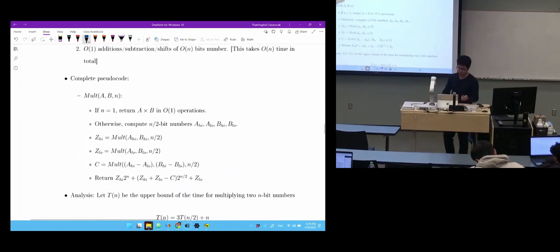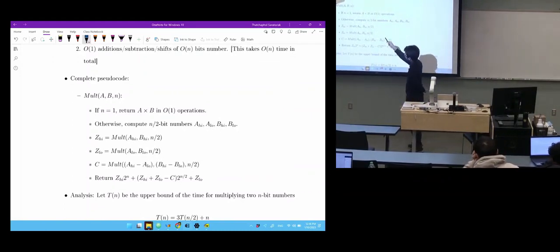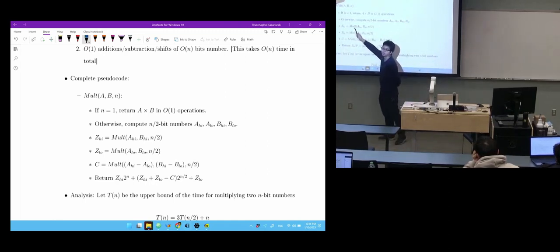Just to make sure that you understand the algorithm, here is the pseudocode. You can just write down the function to multiply A and B. If the numbers are short, just multiply them. You're done in constant time. Otherwise, just define A high, B high, A low, B low. Compute Z high by recursively calling the multiplication algorithm on A high and B high.